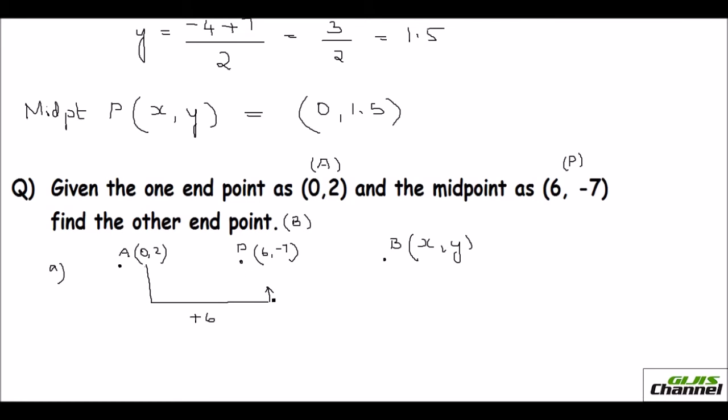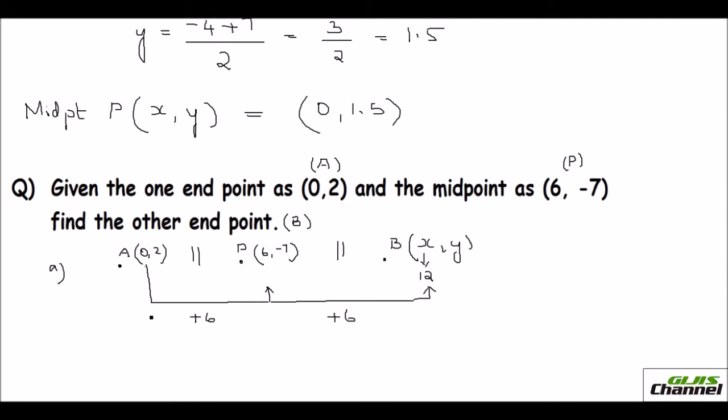Likewise, since it is a midpoint, the distance between this and this should be the same. So to go on to the next x value, you have to add 6 more to this 6, and so your x value is now 12.